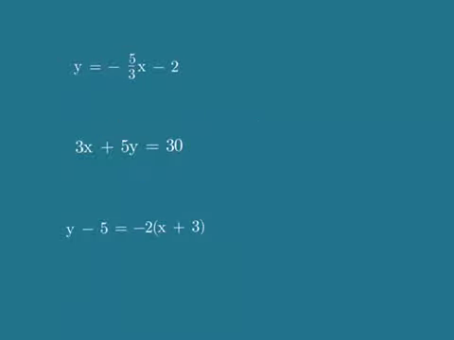Okay, so now we're going to look at three different equations and just determine what form they're in. So if we look at the first one, what we notice is that y is all by itself. So this immediately lets us know if y is by itself and x and the constant are on the other side, that this is slope-intercept form, the form that we are most used to seeing.